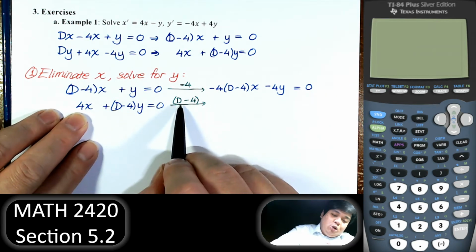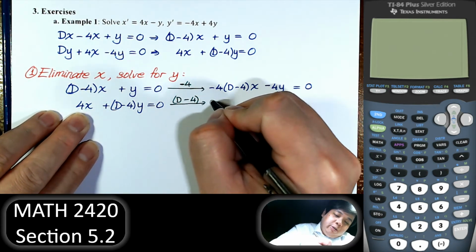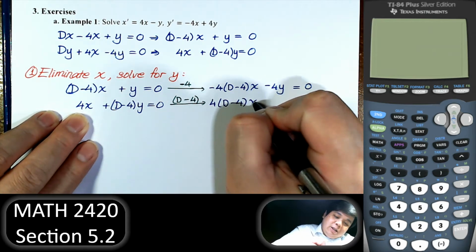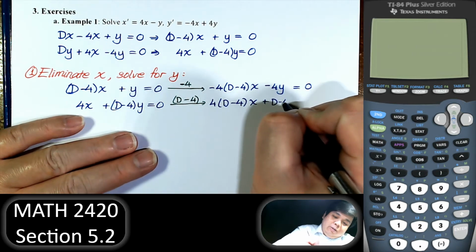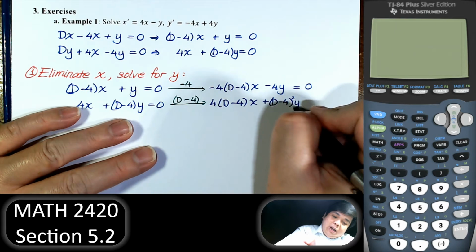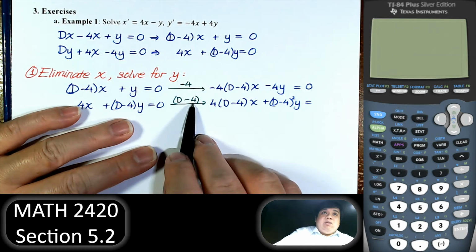And then this we multiply by D minus 4. So D minus 4 times x plus D minus 4 times y, D minus 4 squared y. And then D minus 4 times 0.